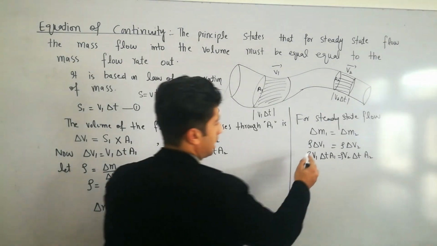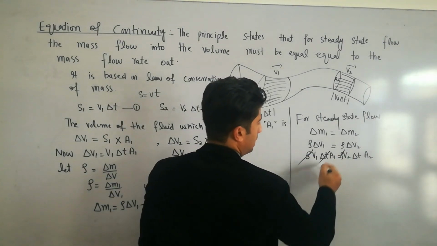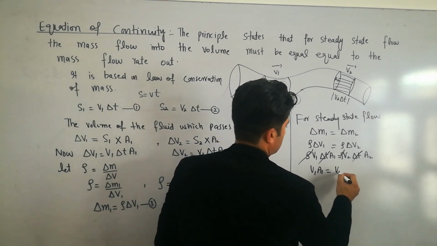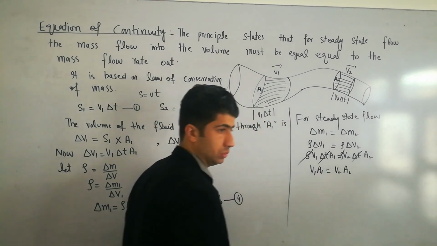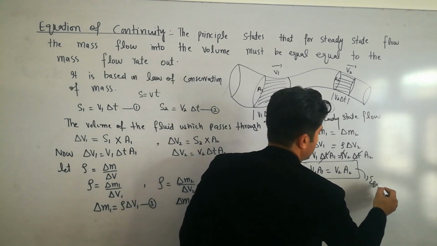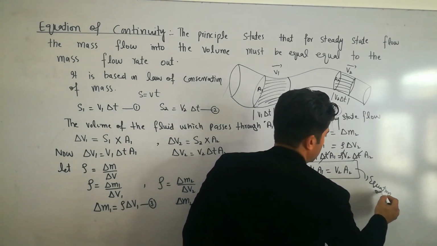So rho will cancel with rho, and delta T will cancel with delta T. So V1 A1 is equal to V2 A2. This is called the equation of continuity. This is called what? The equation of continuity.